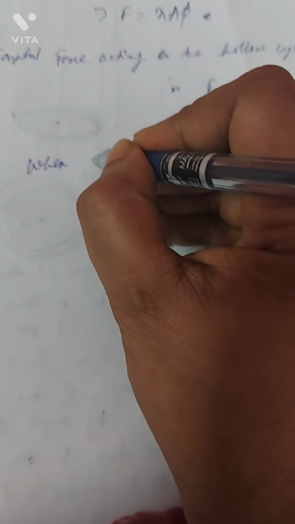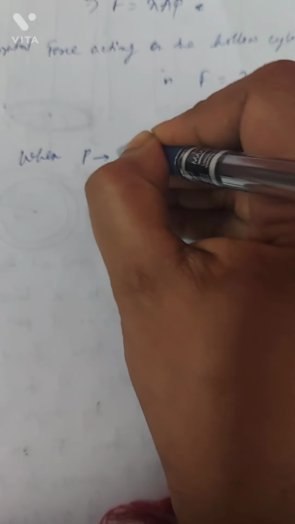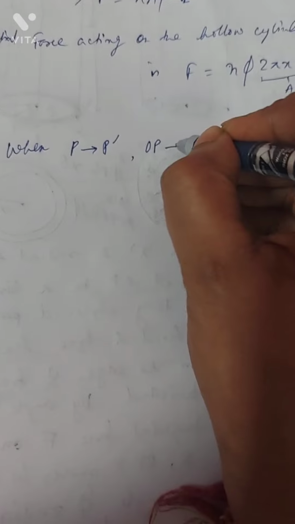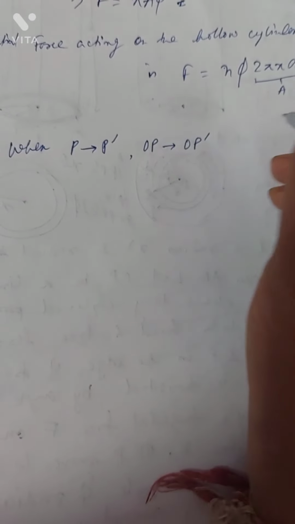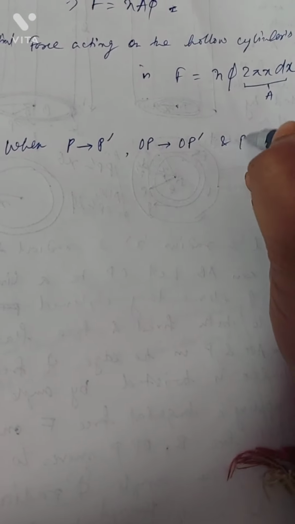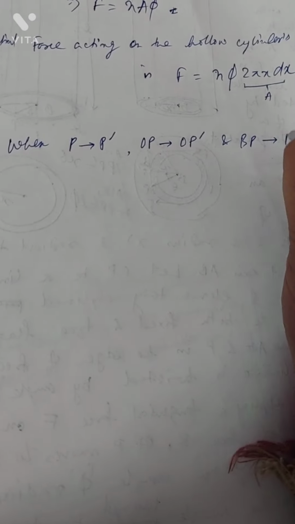Now this relation you can write here. When P moves to P dash, OP moves to OP dash, and BP moves to BP dash.